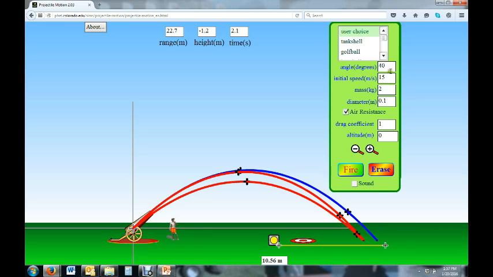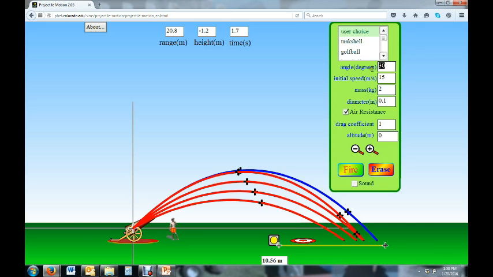Almost the same distance. A little bit less. Okay. So it looks like for the conditions we have set up, for the mass we have, for the diameter we have, 45 does appear to still give the longest distance for small angles.